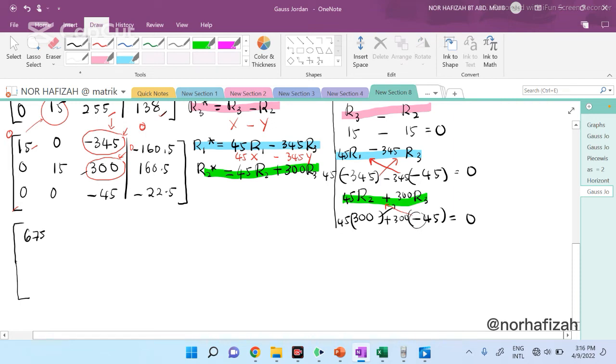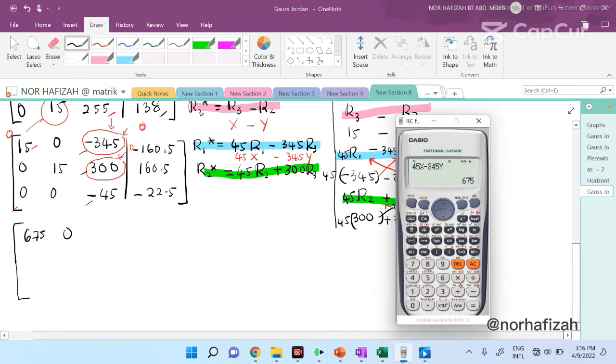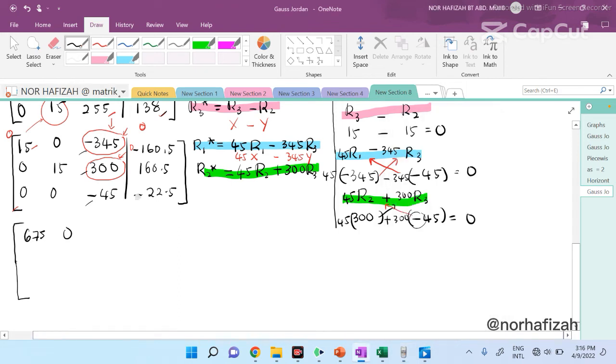So, you get 675. And then the second row is 0 because 0, 0, 0. Negative 345 and then negative 45. Calculate negative 345, 345 equal y is negative 45. Okay, so you get 0 confirm.